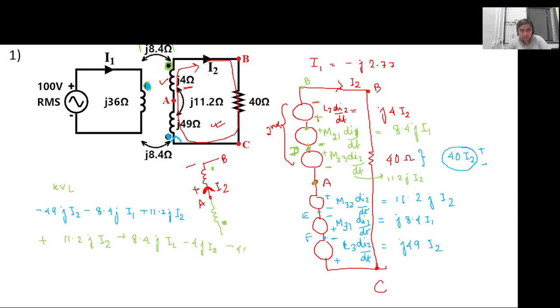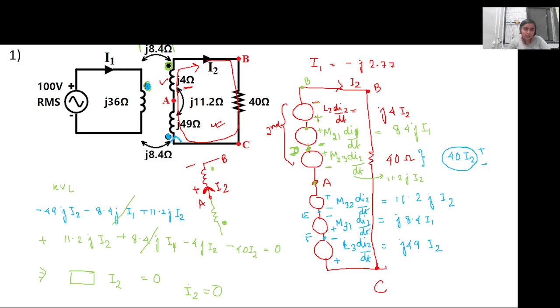Minus 40 I2 will be equal to 0. So this I1 and the other I1 terms get cancelled. So it will be a lot of terms into I2 equal to 0, right? So I2 will be equal to 0.